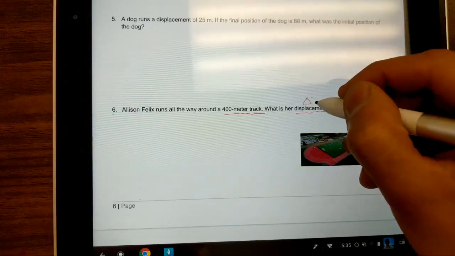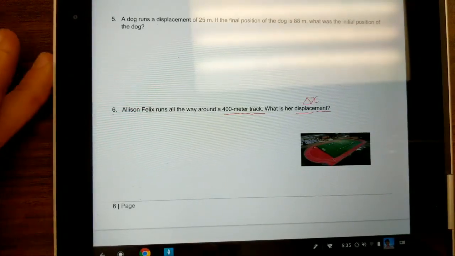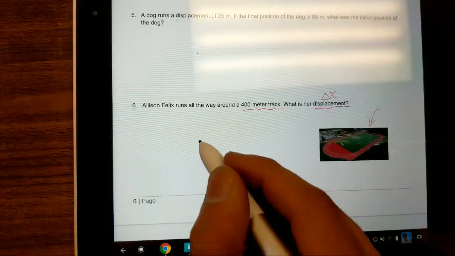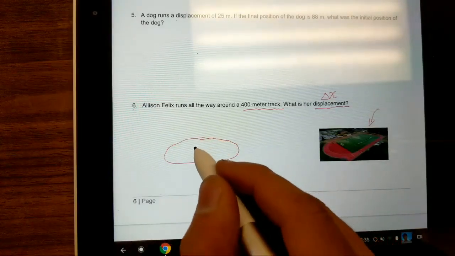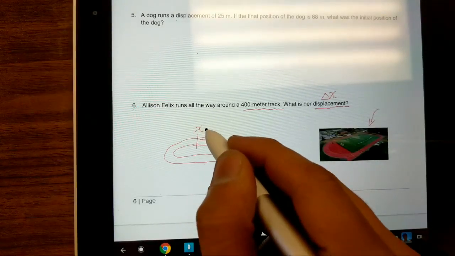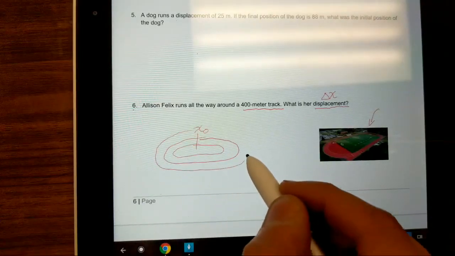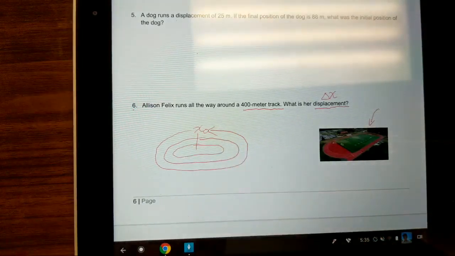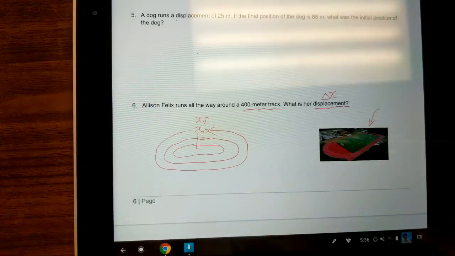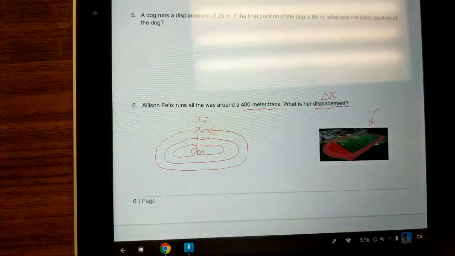So delta x, right? That's what we're asking about. If we were to sketch out a track, kind of like the one you see in the photo here, and she were to start here, and we call that x0, and she were to run all the way around and end back up right where she started, call that x final, and let's just say hypothetically that we're going to call that point 0 meters.